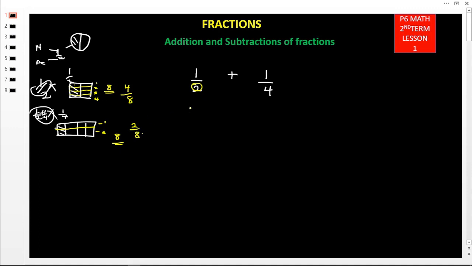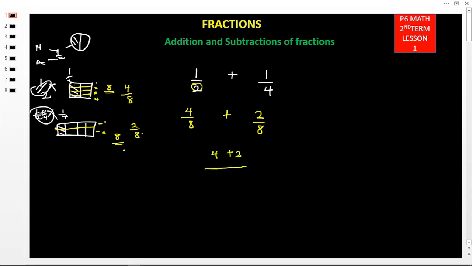Then this half, when we make it equal, gives us 4 out of 8, plus this one here, 2 out of 8. Meaning that these are now equal. Out of 8, this one gives us 4 parts, and out of 8, this one gives us 2 parts.